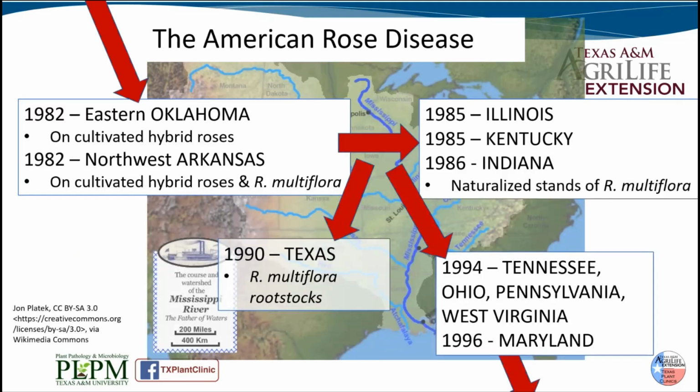Oh, I should also mention one thing. Some people like to ask, so where did this disease come from? This is inherently, as far as we can tell, a North American disease. I had not seen any credible reports of rose rosette from any other continents yet.